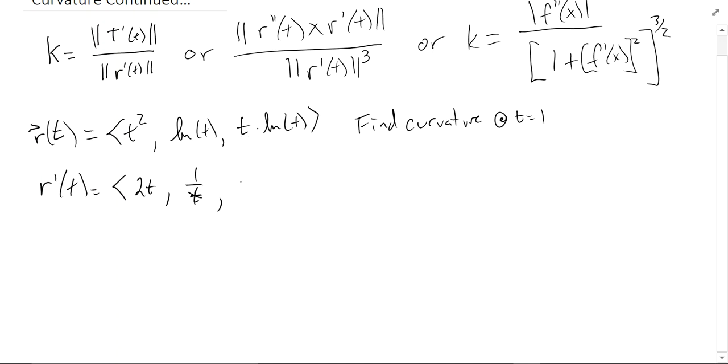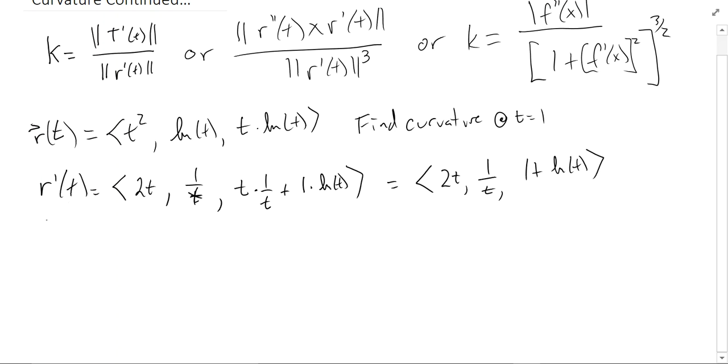So it's going to be the first one times the derivative of the second plus the derivative of the first times the second. So that looks like 2t, 1 over t, and 1 plus the natural log of t. That is my r prime.